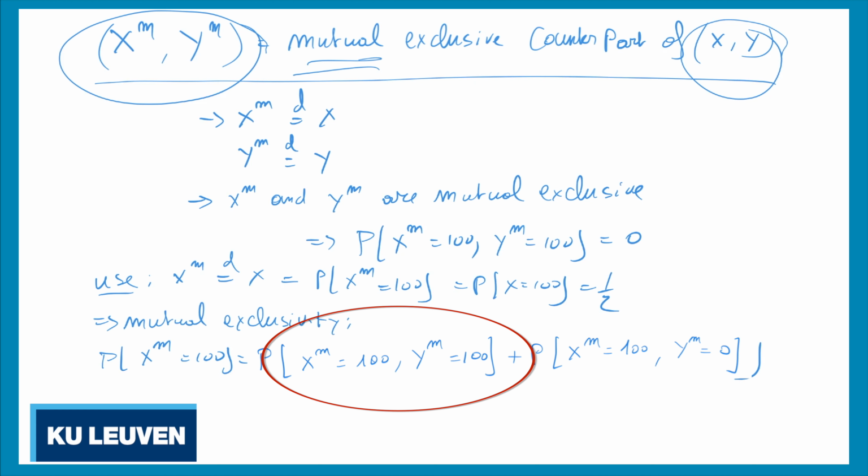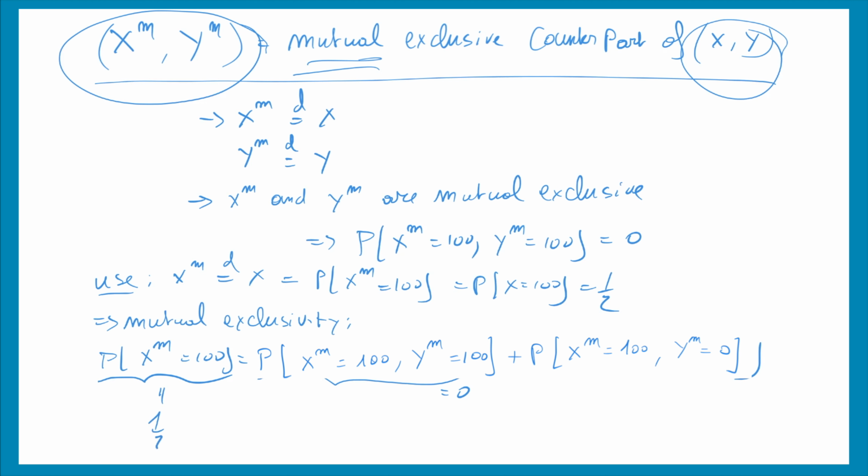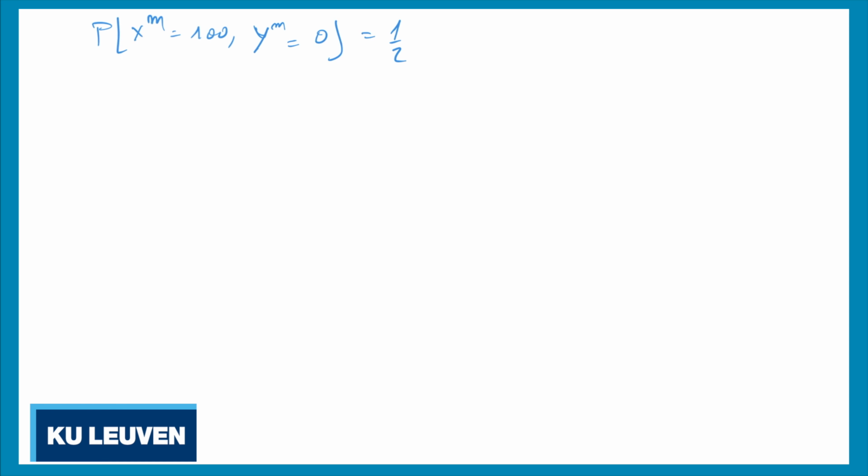But this has probability 0. From equality in distribution between X^m and Y^m, we know that this has probability 1 over 2. So our conclusion is that this probability here is equal to 1 over 2. We also had, that was mutual exclusivity, that the probability that X^m is equal to 100 and Y^m is equal to 100 is equal to 0.